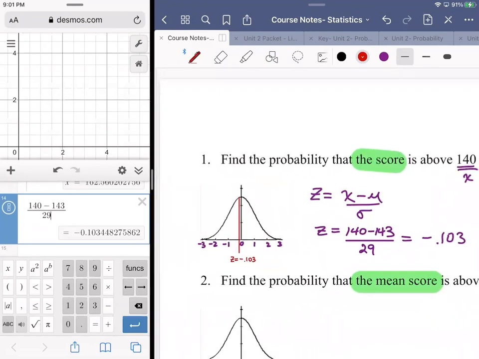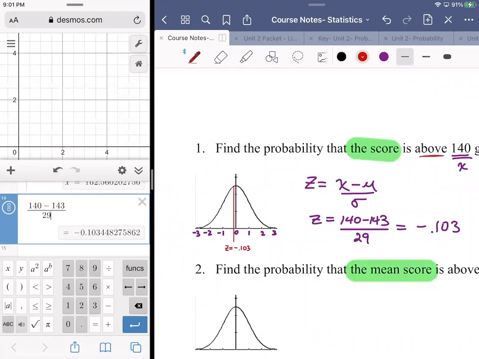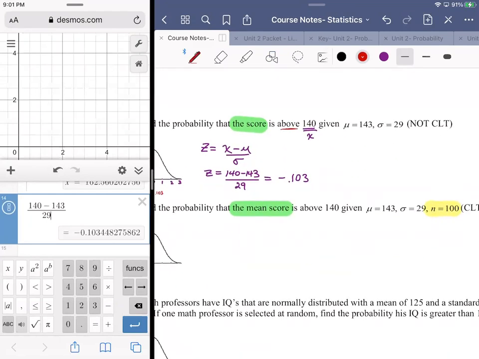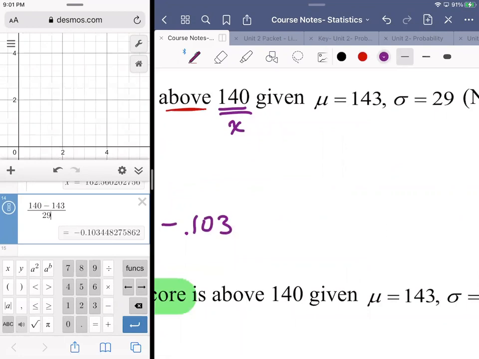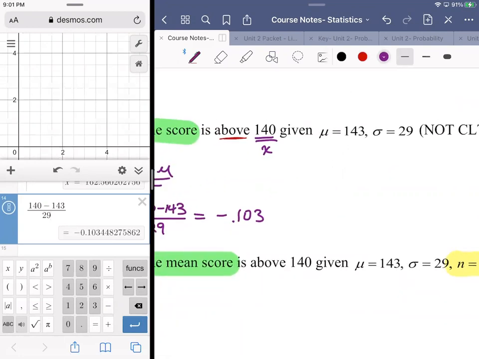Now, the score is above 140, right? So what they're asking us for, in effect, is the probability that x is bigger than 140. But that in turn means that z is bigger than negative 0.103. All right. So negative 0.103 is our magic value.